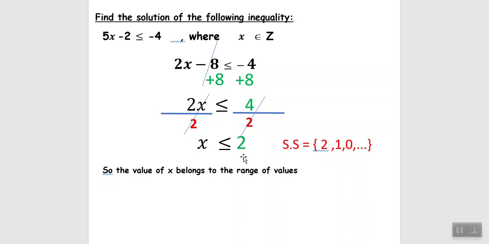So x is less than or equal to 2. X could be any number equal to 2 or less than 2. So the value of x belongs to the range of values from 2 and smaller than 2. So the solution set equals 2, 1, 0, and so on.